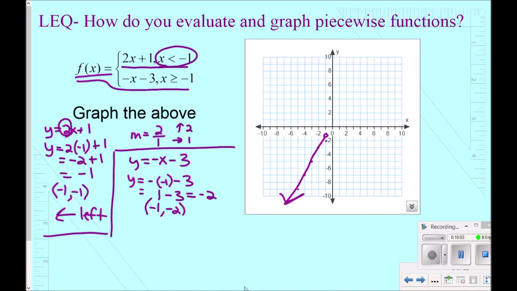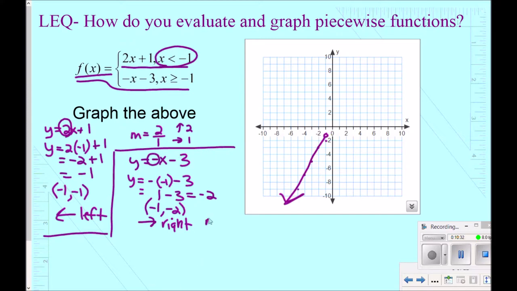Now I'm going to look at the inequality symbol and decide, do I want to the left or to the right of that point? So I see greater than. Well, greater than, we know on a number line, is to the right. So I'm going to be plotting the points that are to the right of that point that I just plotted at -1, -2. So I'm going to use my slope to get those points. My slope is in front of the x.